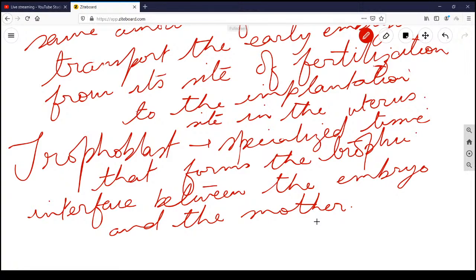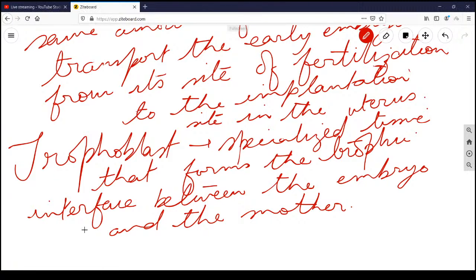Now when we talk about cleavage, we go to the morphology of cleavage. Compared with most other species, mammalian cleavage is a very slow process. You can call it a very leisurely process, which is measured in days rather than hours.